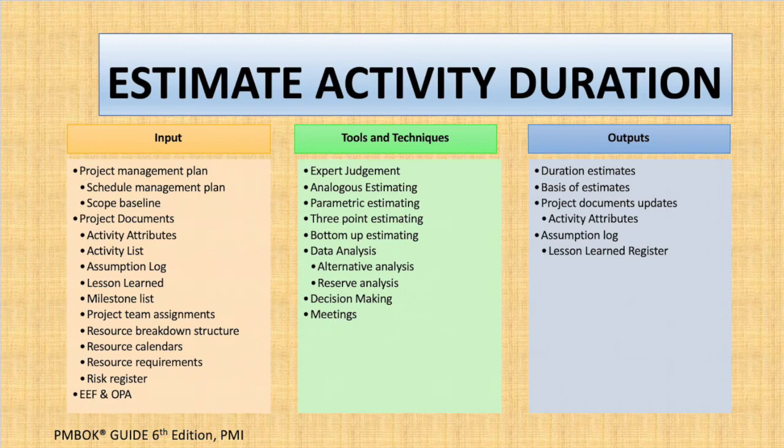We'll talk about these tools and techniques in this video. And as outputs, we will have duration estimates, basis of estimates, and project document updates: the activity attributes will be updated, along with the assumption log and lessons learned register.